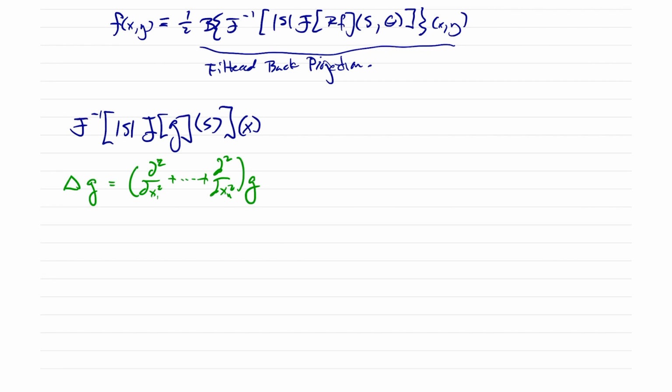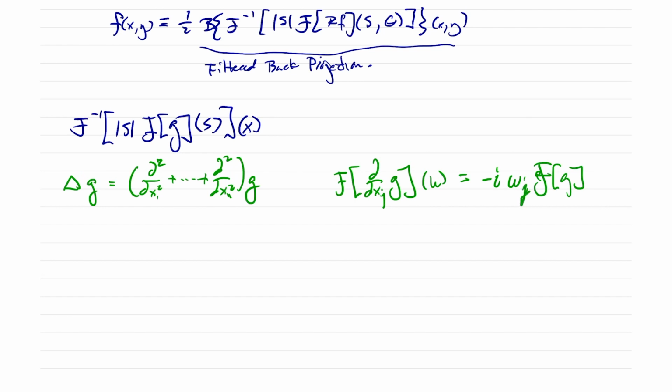And since we know that the Fourier transform of, say, d by dxj, so we don't confuse the imaginary number with the index, of g, that is going to be minus i times wj times the Fourier transform of g. Here I'm actually using w as my frequency. So it's basically the wj'th component times negative i.